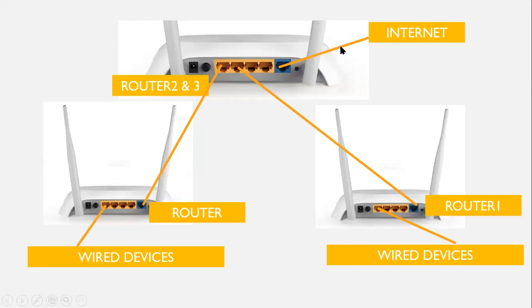So this is where you connect the internet and this is where you connect the cable going to the router. I think I haven't updated that yet. This is your router 1. This is your router 2. There you go.